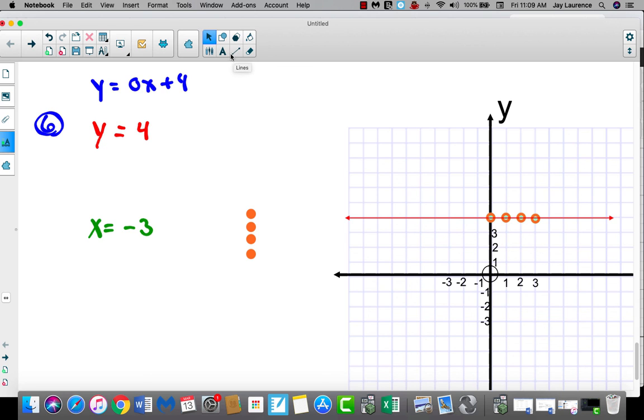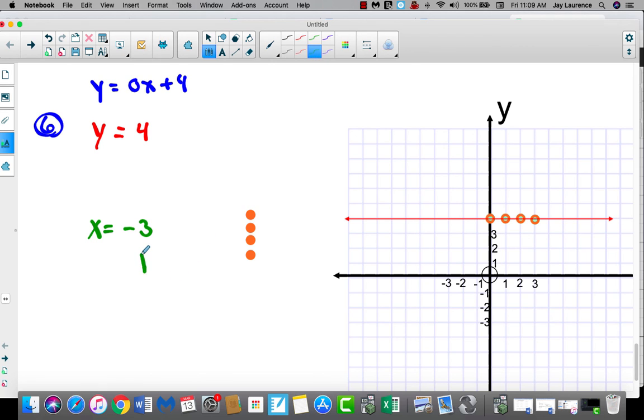So, how do I get this line? Well, I'm going to make an input-output table. I'm going to get 2 or 3 points, and then I will know where to graph my line.